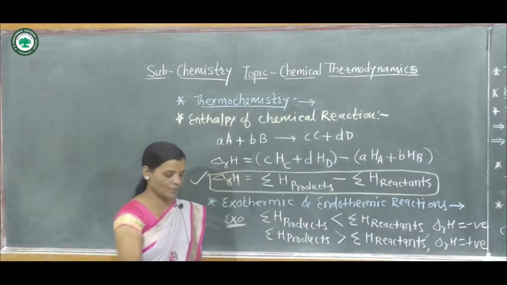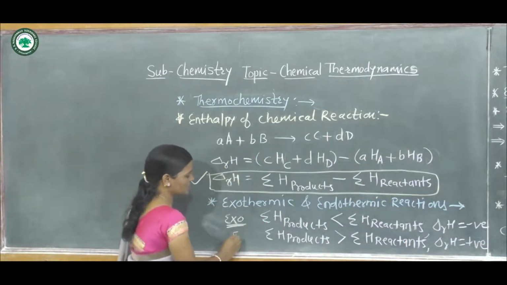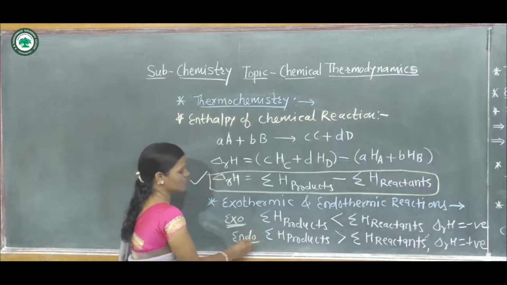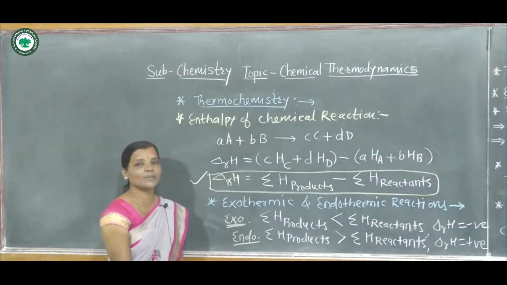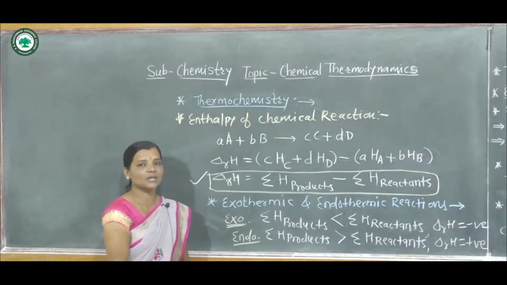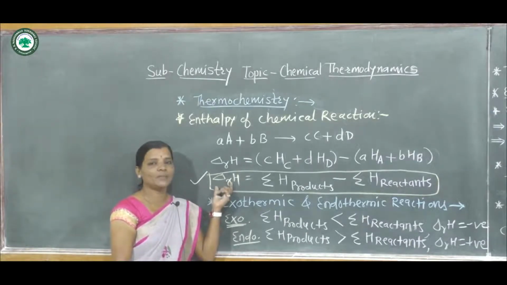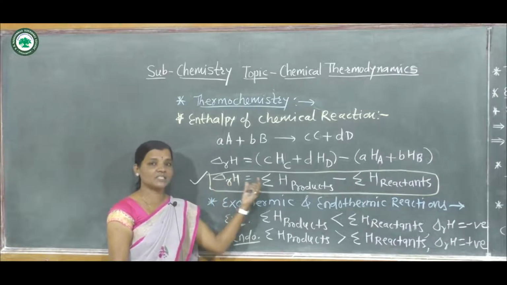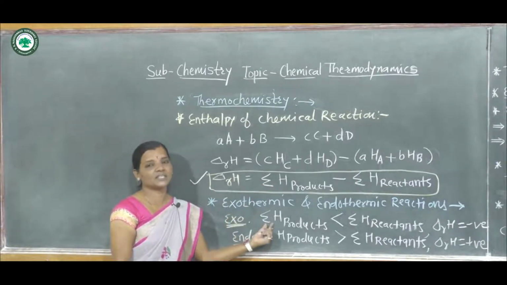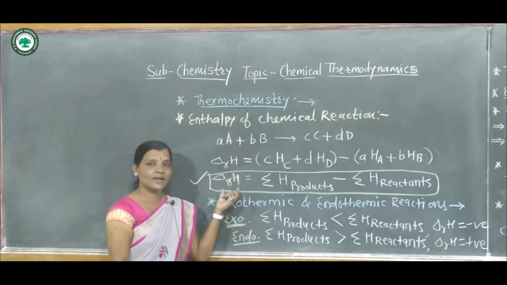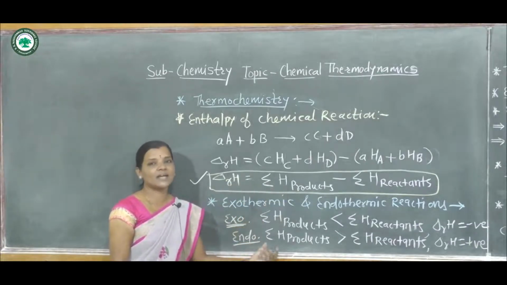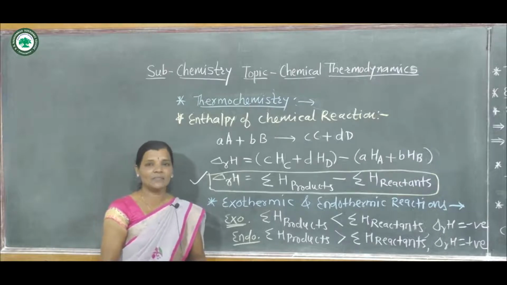Then such types of chemical reactions are called endothermic reactions. That means simply we can say that when enthalpy change for the chemical reaction is negative, then the reaction is exothermic, and if enthalpy change for the chemical reaction is positive, then the reaction is endothermic in nature.